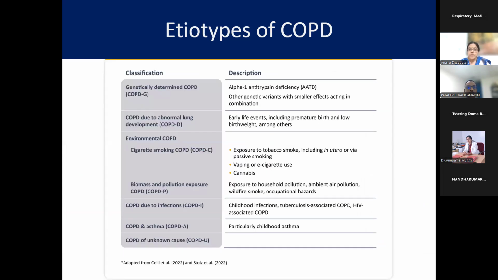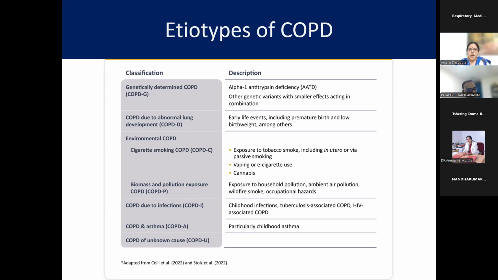There have been different names that have been given by GOLD. See, genetically determined COPD, so it's COPD-G. And what does it mean? It means an alpha-1 antitrypsin deficiency in a patient of COPD. So if you had an alpha-1 antitrypsin deficiency diagnosed, your name changes and becomes COPD-G.